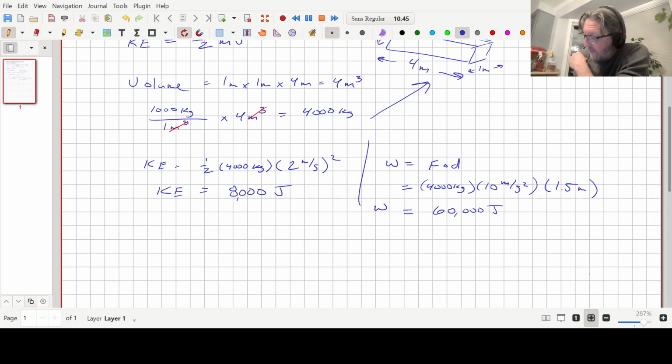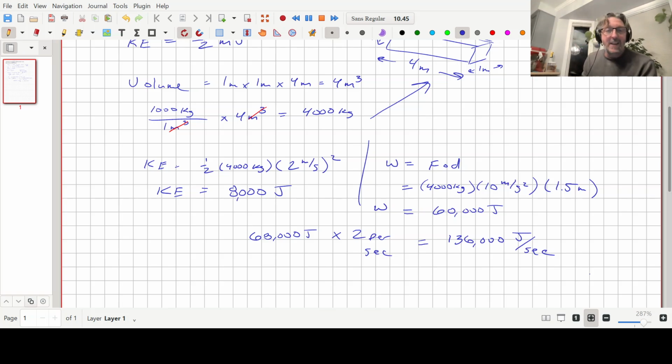So that means I've got 68,000 joules for one of those rectangles, but there are 2 per second, which works out to 68,000 times 2, which is 136,000 joules per second, which I said up above is the same thing as a watt. So 136,000 watts, or 136 kilowatts.